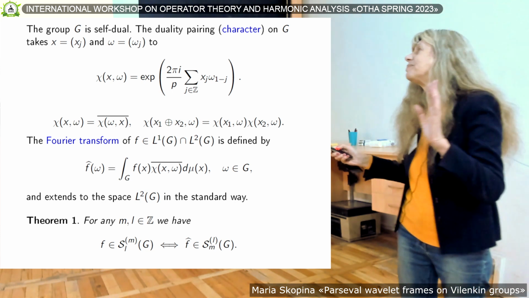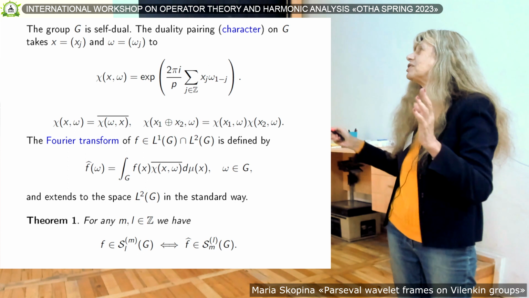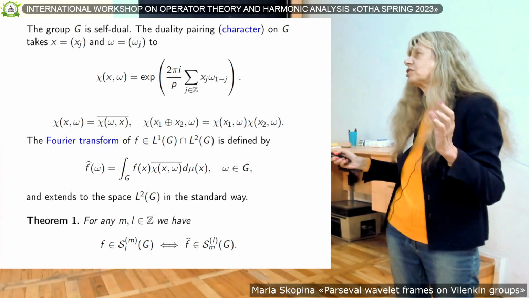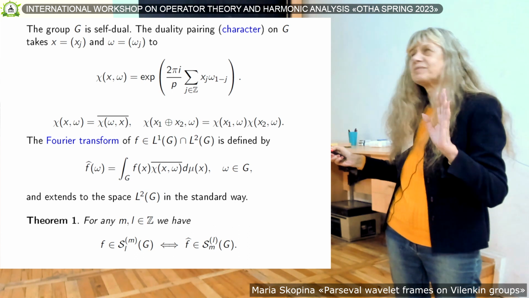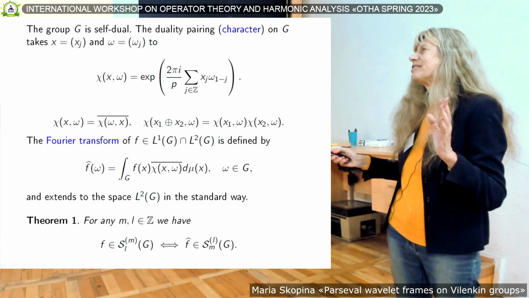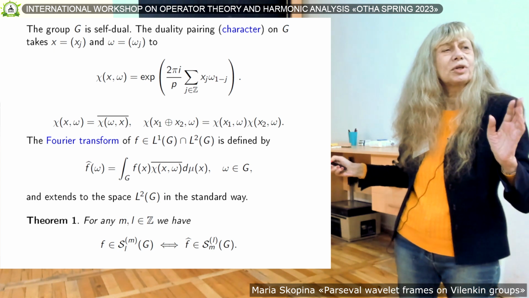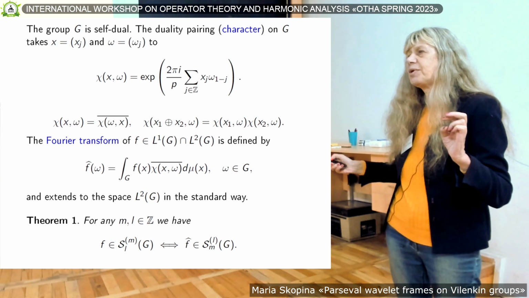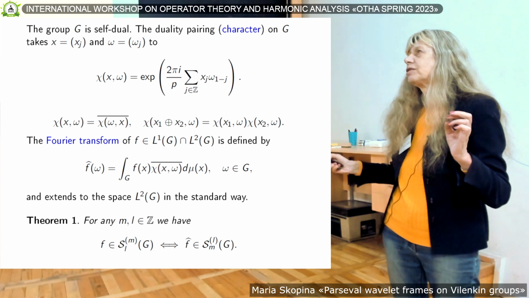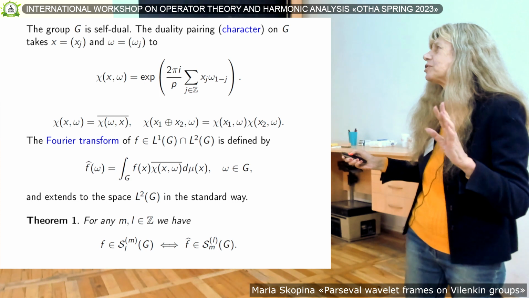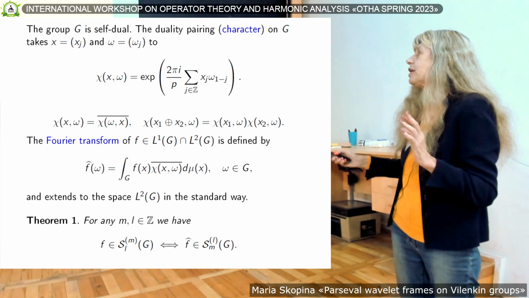I will discuss only the Vilenkin group now, in general facts about the Vilenkin group, and as for the semi-line, a similar transform and everything similar are known. There was a paper by my co-author Farkov and Vladimir Protasov, with a lot of similar things.